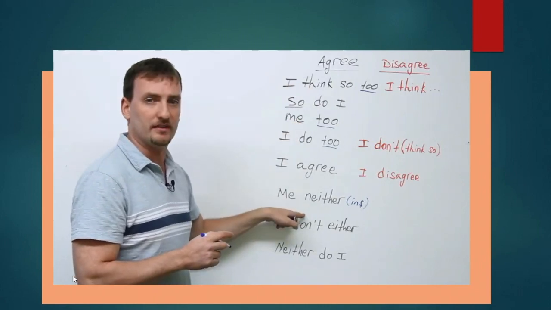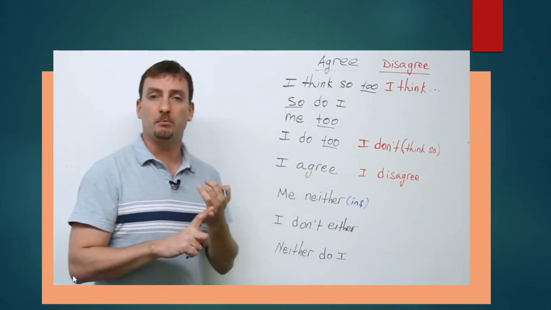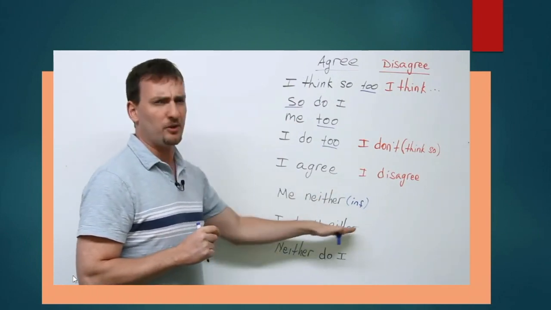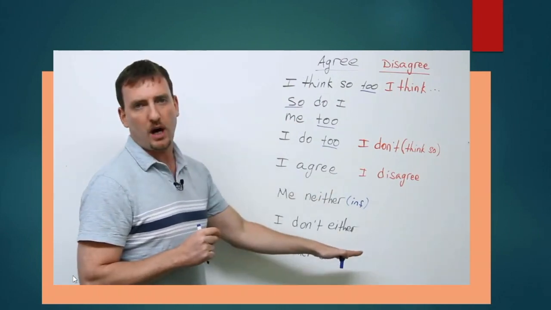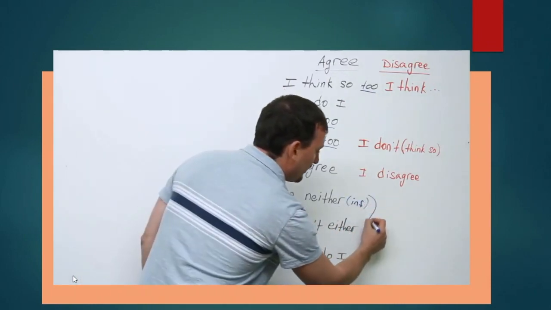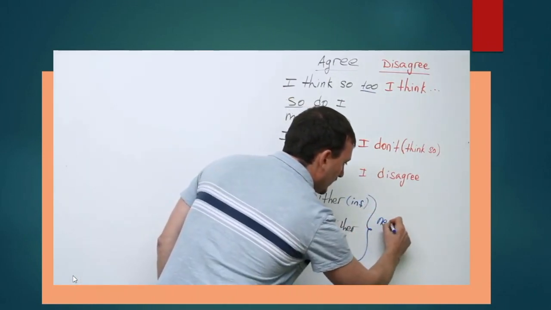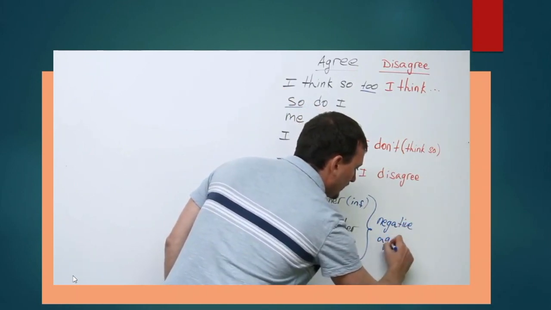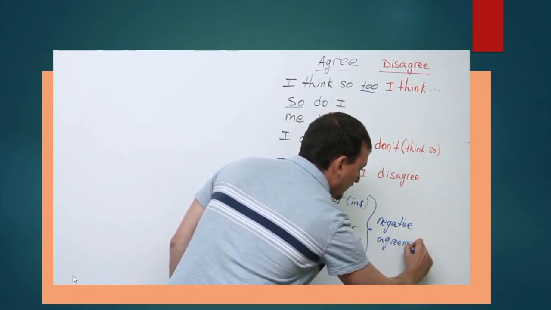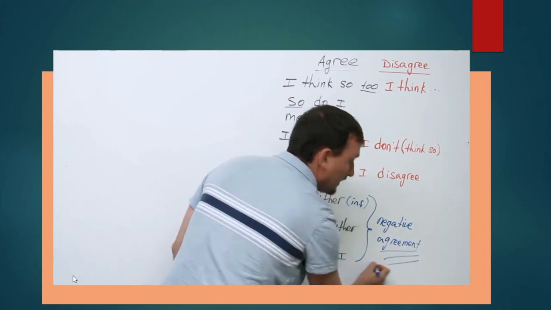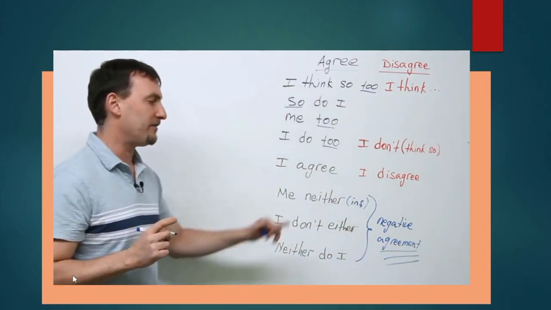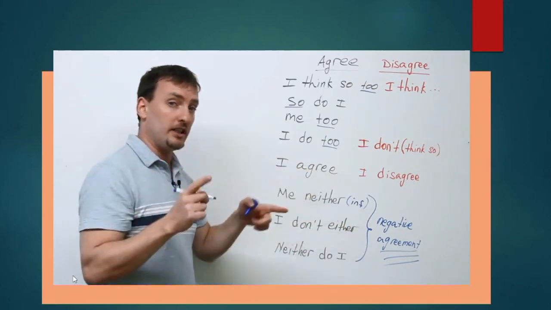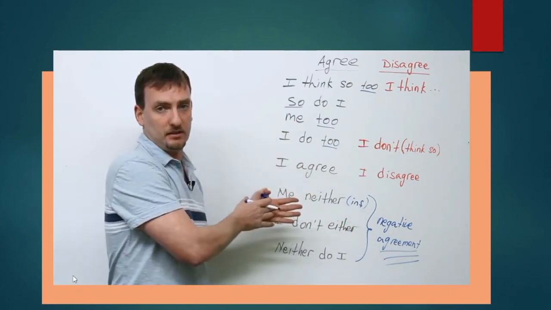You must use these. So, I don't think Mitt Romney is going to win. Me neither. I don't either. Neither do I. Okay, so very, very important. You're agreeing with a negative. But you are still agreeing. Okay, very important to remember that.